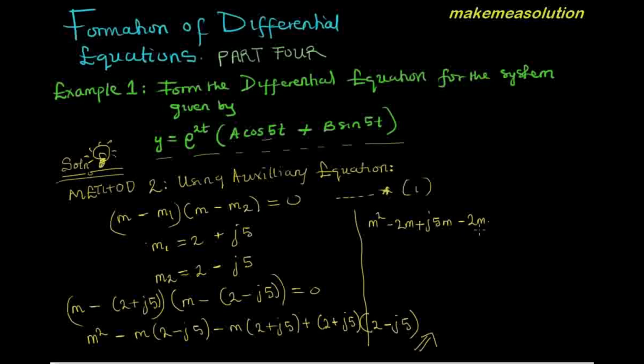Now I have minus 2m and minus j5m, where j is the imaginary value, I hope you still remember. Then plus, when we multiply conjugate values, it's not difference of two squares this time around, it's addition of two squares. So it's just as good as saying 2 squared plus 5 squared, and this is equal to 0.